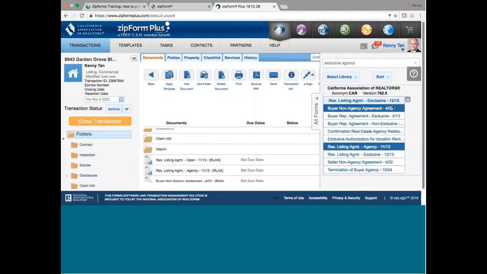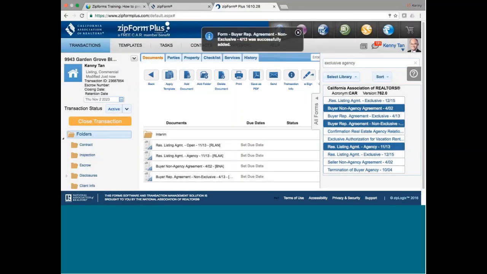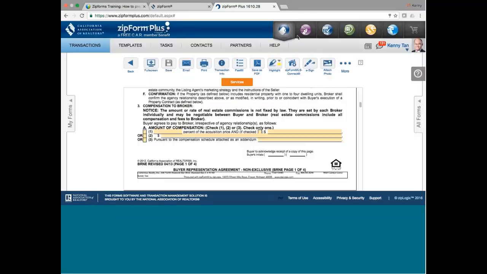You got buyer representation agreement, non-exclusive. Now, that is a form I have never used before, so I'm kind of curious as to what it looks like. Okay, let's look at this one. I don't know why you had such a form.